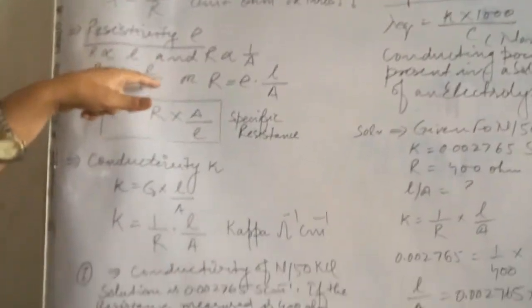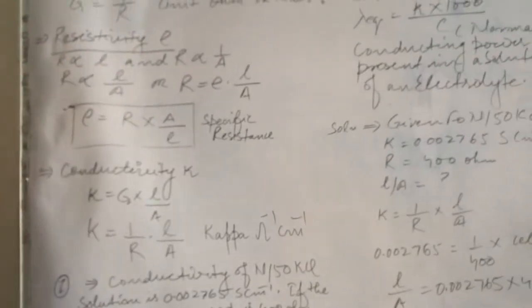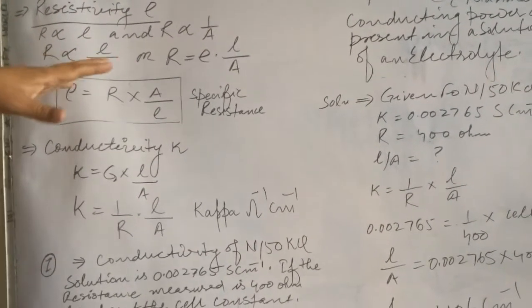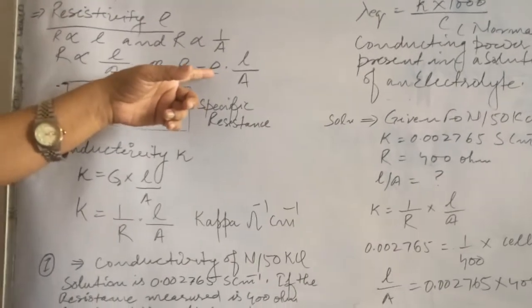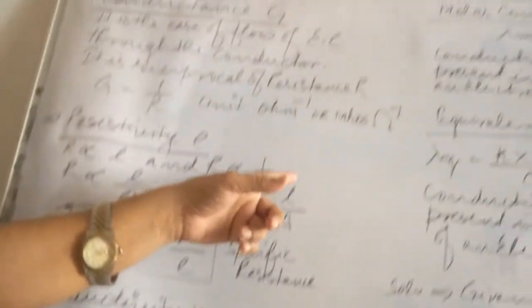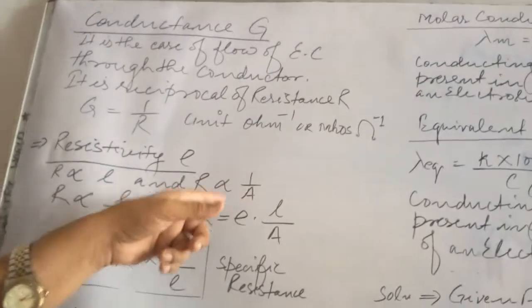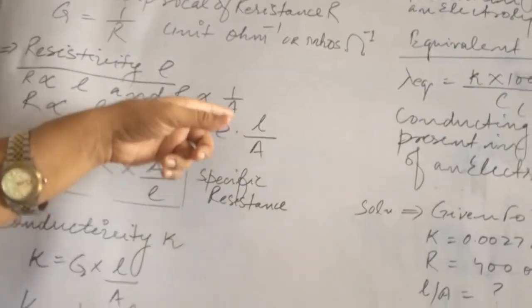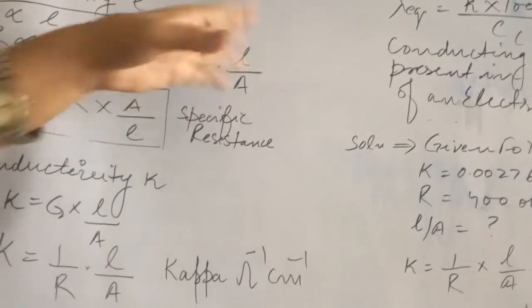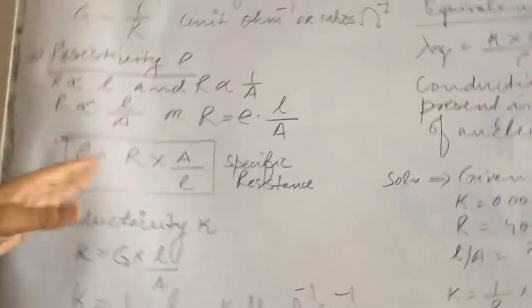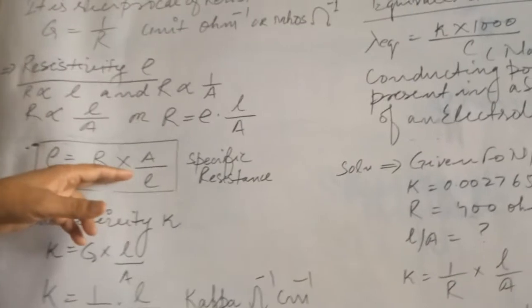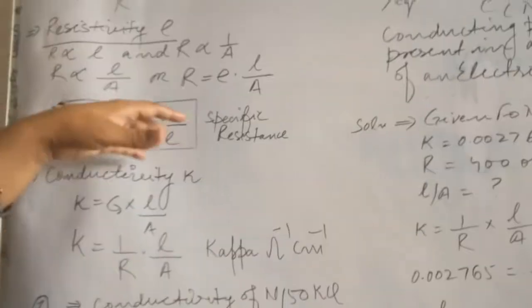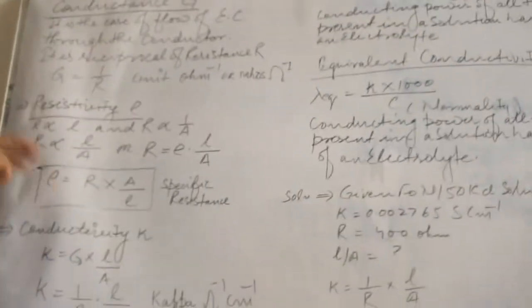Now this L upon A is considered the cell constant. And in the final equation we get R is equal to rho into L upon A. This rho is the resistivity into the cell constant. Or we can say finally resistivity is equal to resistance R into the reverse value of the cell constant.